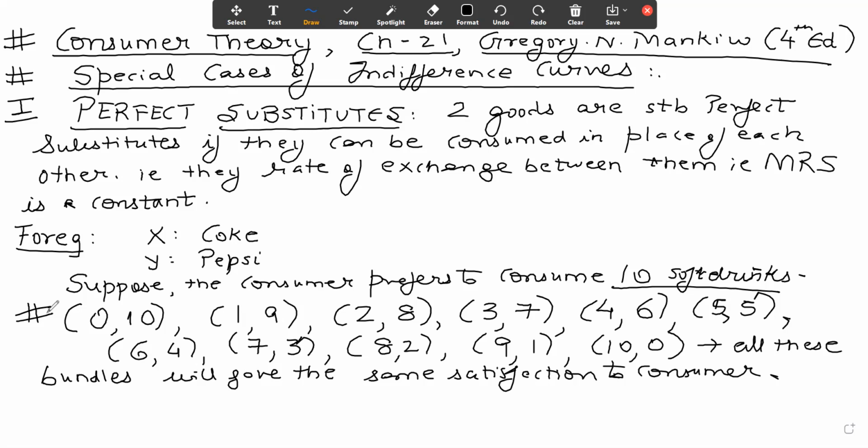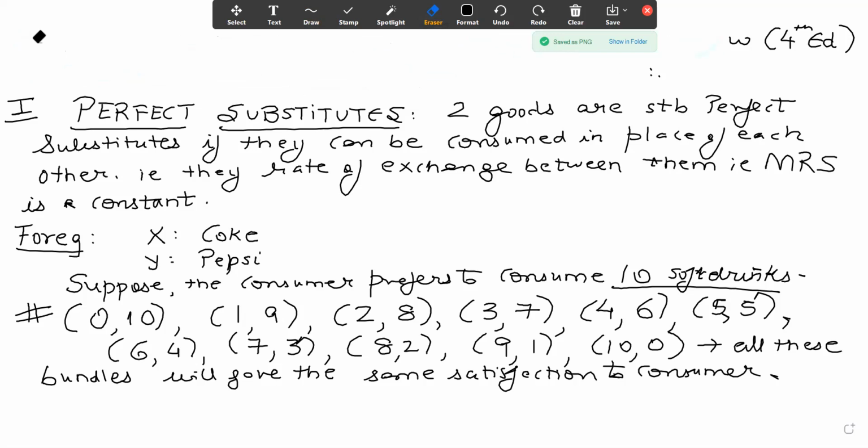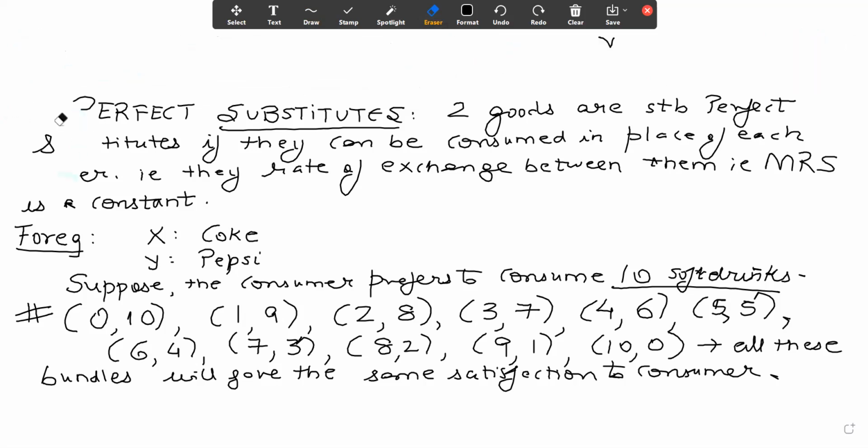So guys, if you plot them, how will they look? If I erase the initial part and the definition of perfect substitutes, let us try to plot these bundles in a graph.